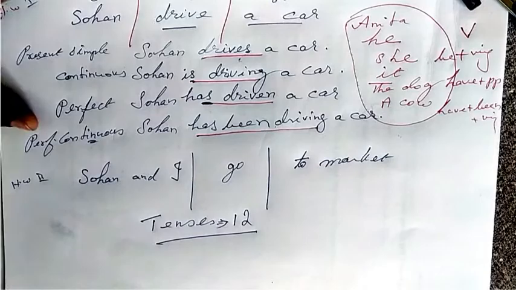Now I continue. I told you even the other day, all these 12 tenses are not used at the same time when you are speaking or when you are writing. We use just any of them. And for that purpose, you have definite rules.